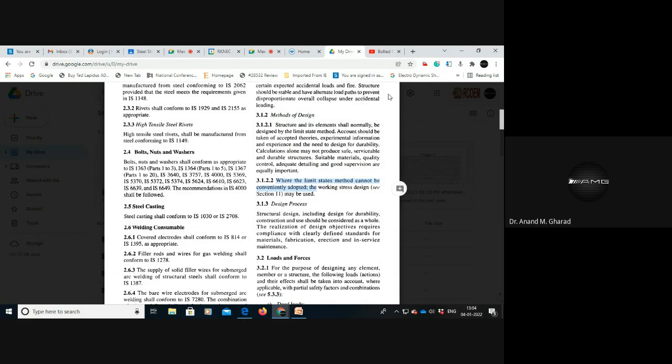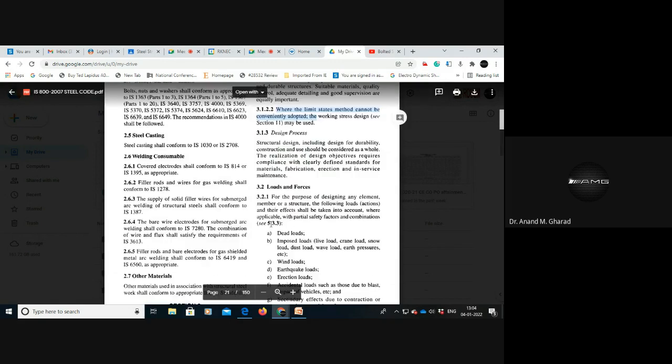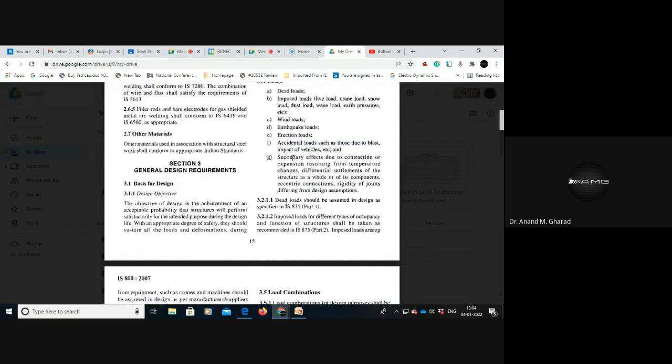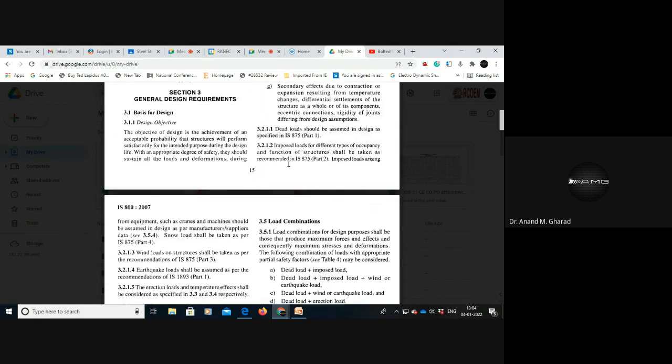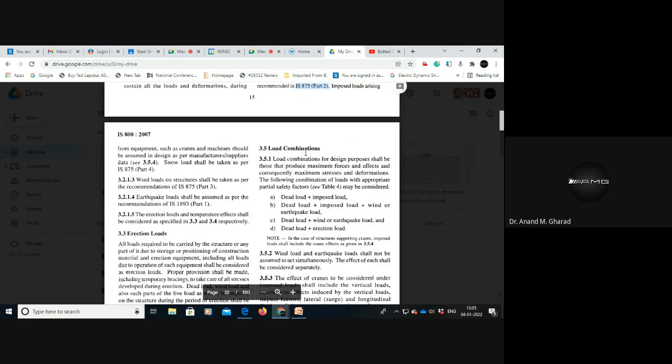Next, these are the loads and forces which I have discussed. Dead load should be assumed in design as specified in IS 875 part 1. I hope that you people have downloaded this IS 875 part 1. In addition to this, you are also supposed to download part 2, which speaks about the imposed loads.